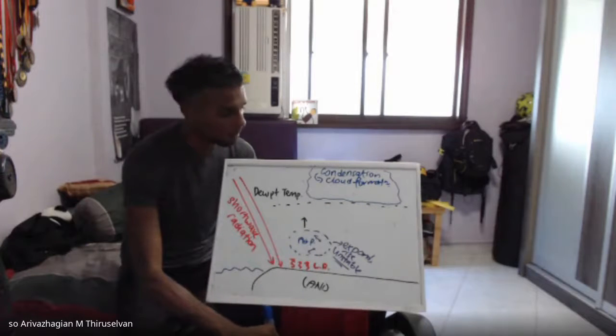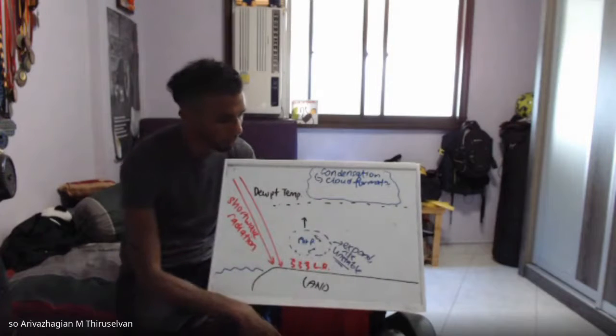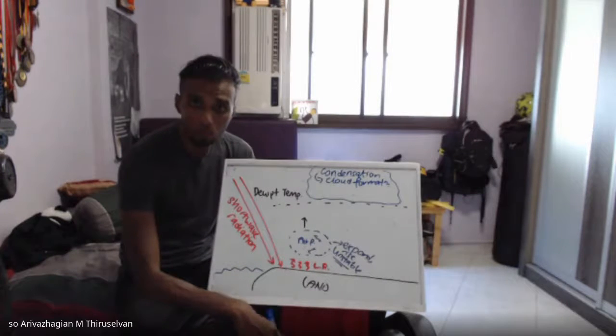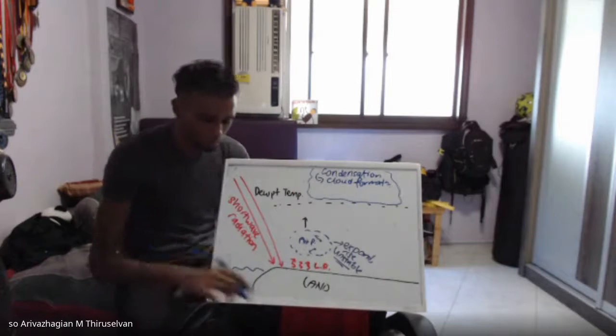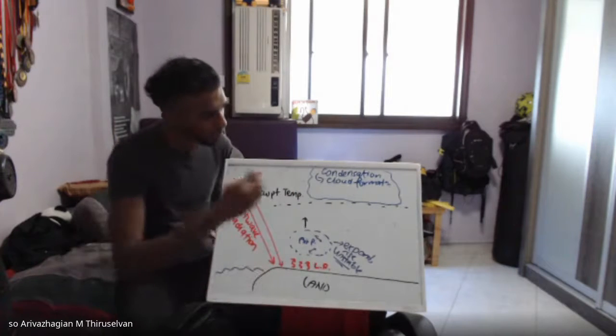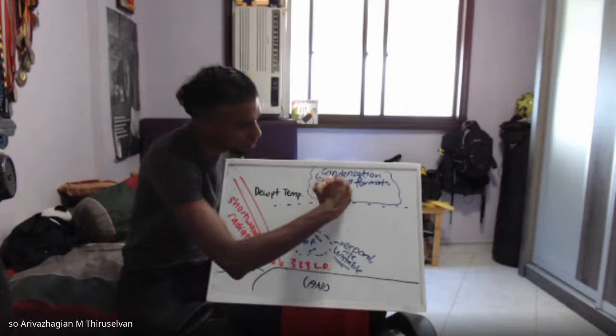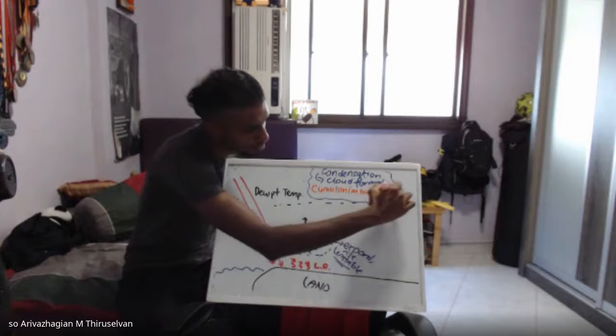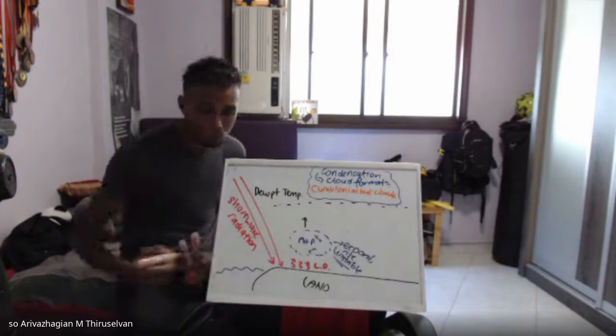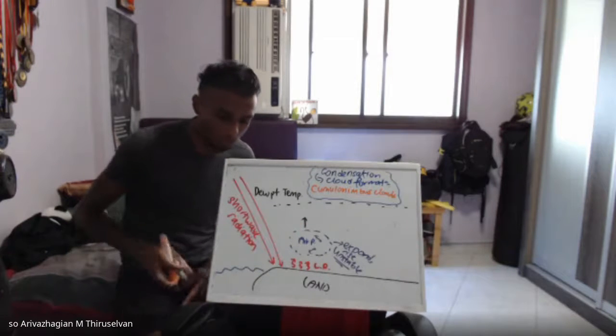Now of course, I can't show it on this whiteboard because it's too small. Do remember, convectional rainfall results in cumulonimbus clouds. So this whole process is a very unstable process.